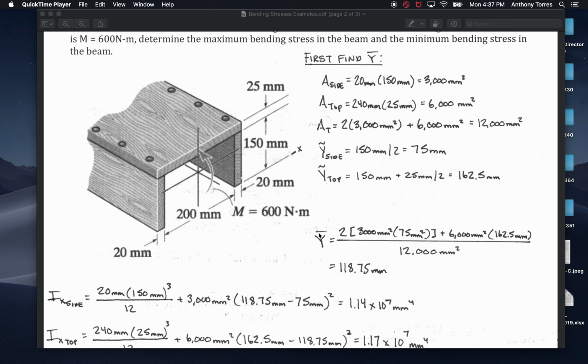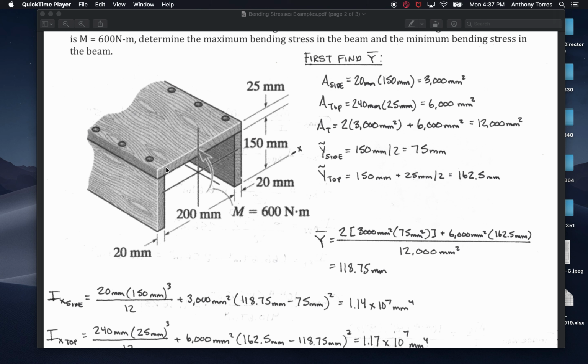Then I plug that into the y bar equation: 2 times the side pieces, so 3,000 millimeters squared times 75, because there are 2 side pieces, plus 6,000 millimeters squared for the top times the y squiggle for the top, divided by the total, gets me 118.75 measured from the x-axis.